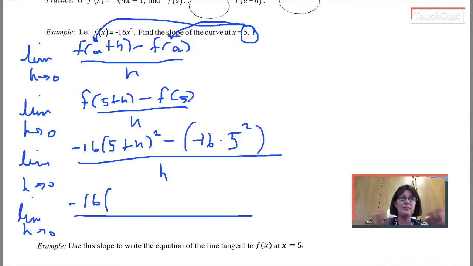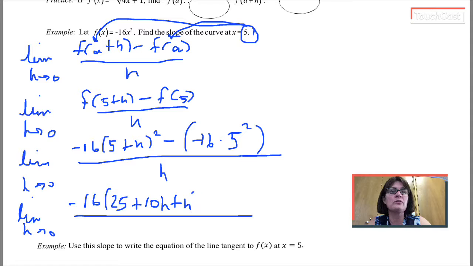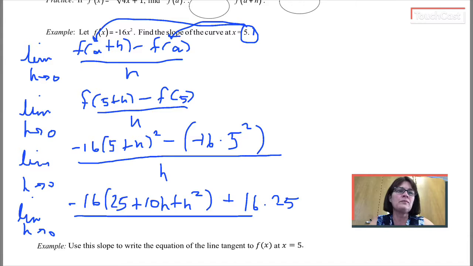You might not be. It's cool either way. Just make sure when you take 5 plus h and square it, that it takes you 4 multiplications. So it's going to be 25 plus 10h plus h squared minus, so I'm going to subtract negative 16 times, so I'm going to add 16 times 25. And that's all going to be all over h. I didn't make my bar long enough. Sometimes I never make my bar long enough.